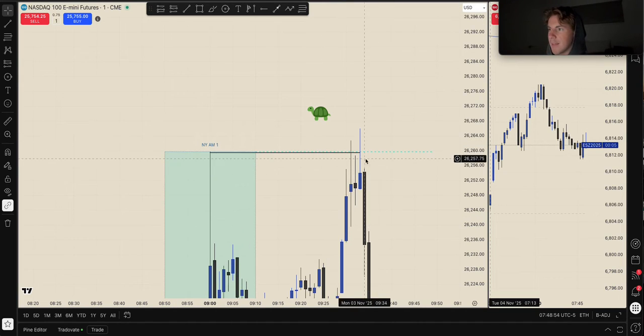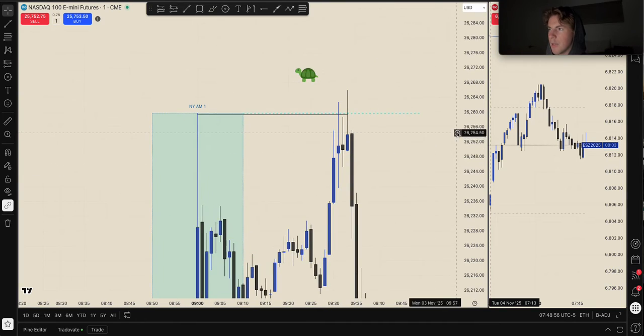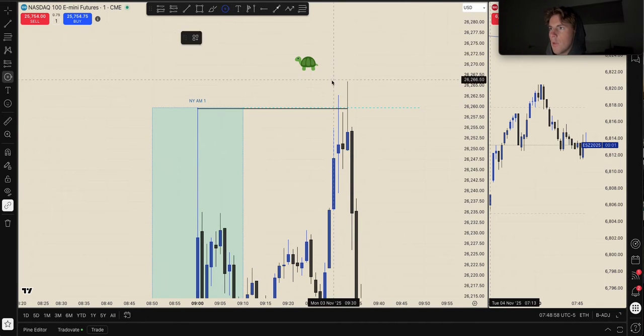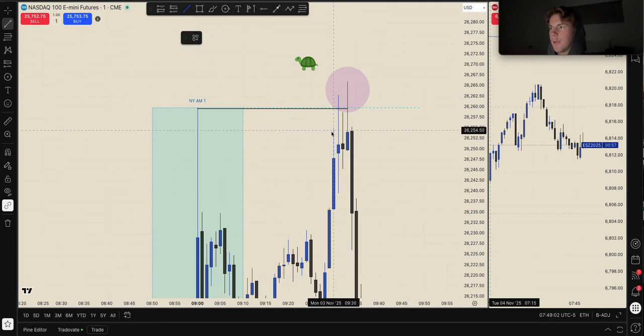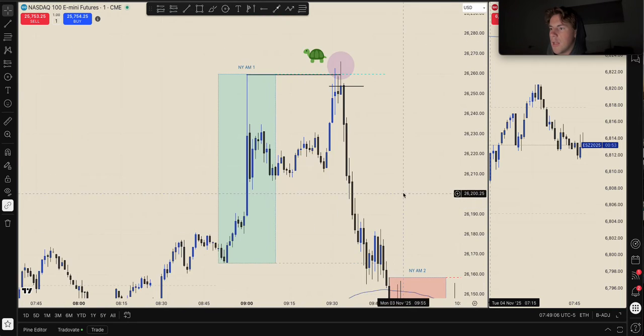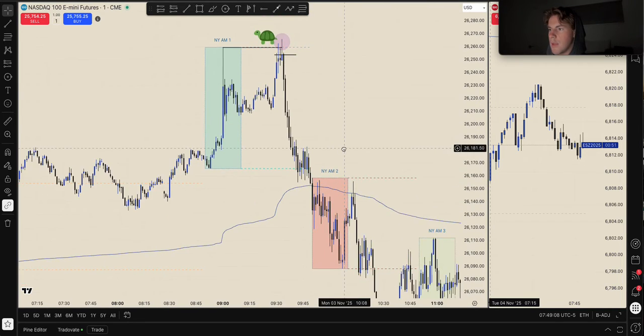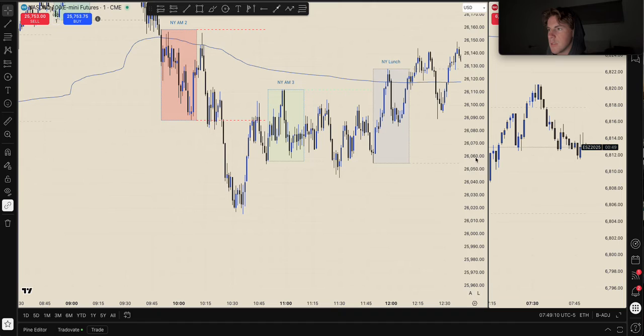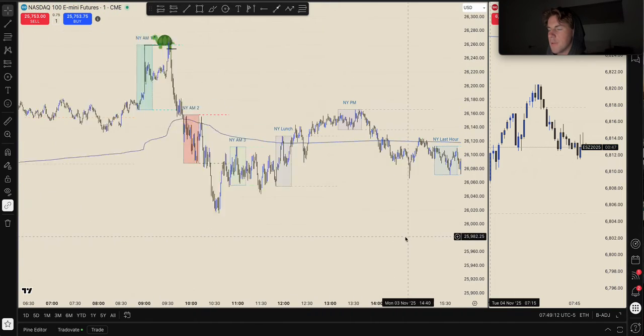So it wicks a high like this, and then it closes below. Highs wicked, but closes down here.